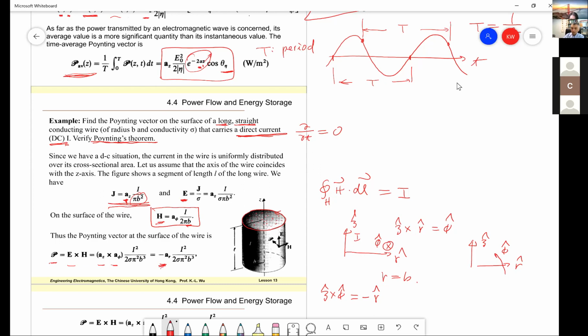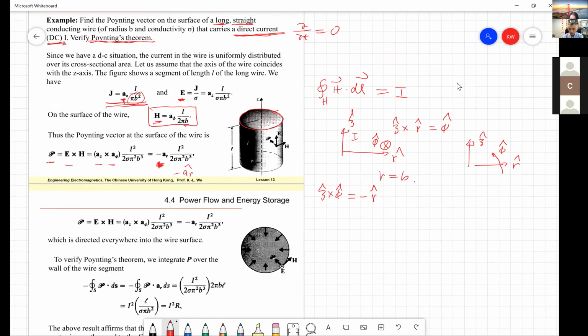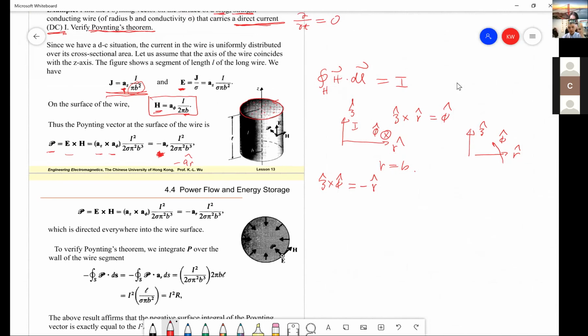So we have a minus sign. That means the power goes into the conductor. When the current flows in that direction, the power goes into the conductor, because this is what the minus sign means. This is the Poynting vector.